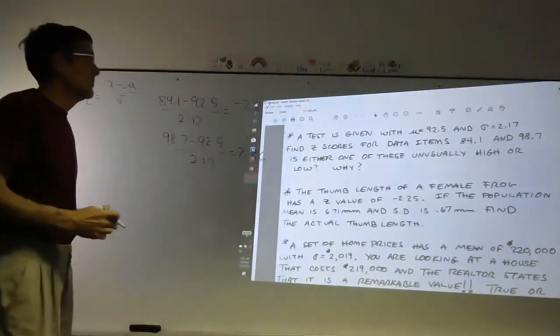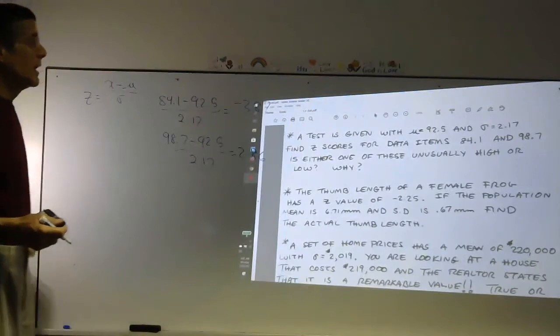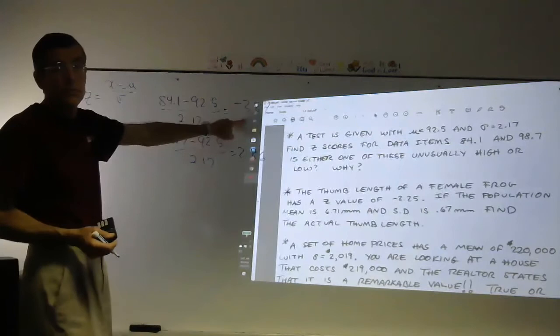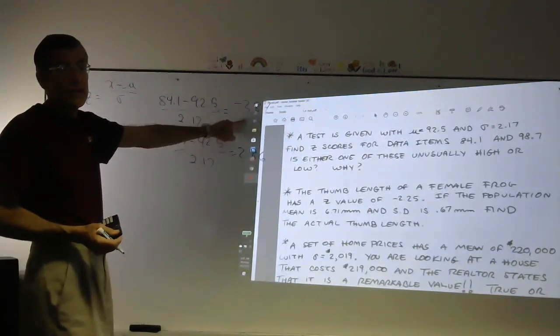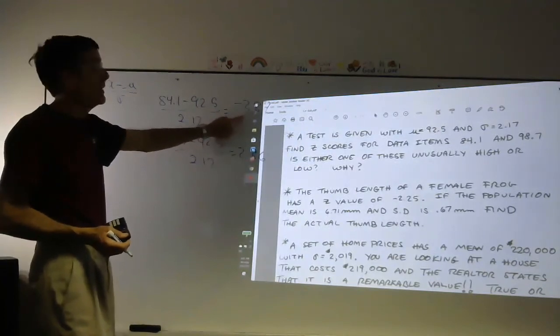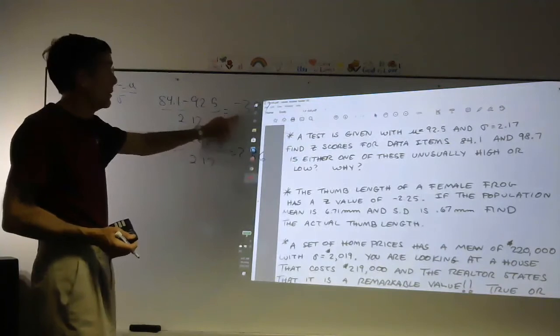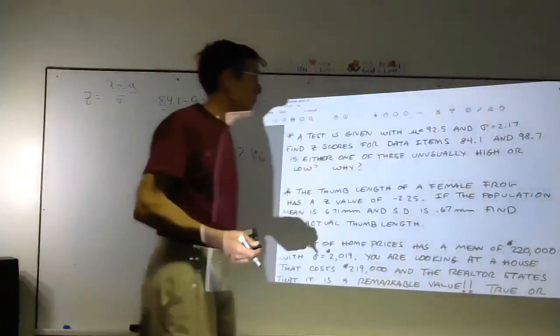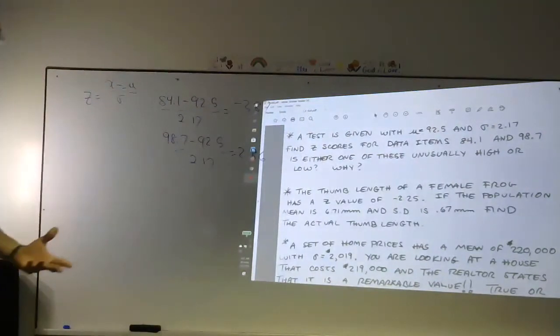Okay, question, is either one of these unusually high or low? Bingo. Shouldn't 99.74% of the data be within 3 standard deviations? This is almost 4 standard deviations below the mean. Below because it's negative. 84.1 is unusually low. Okay?